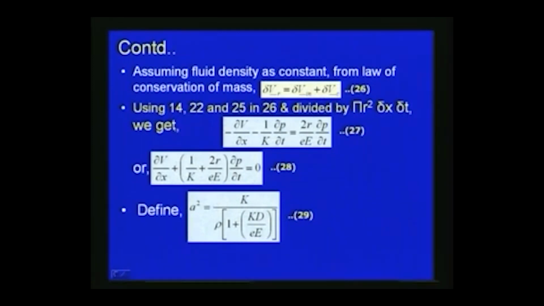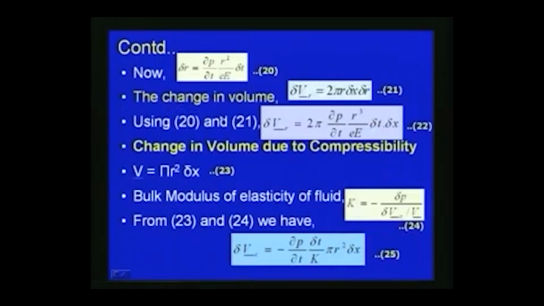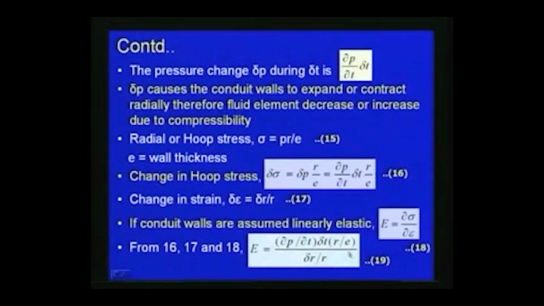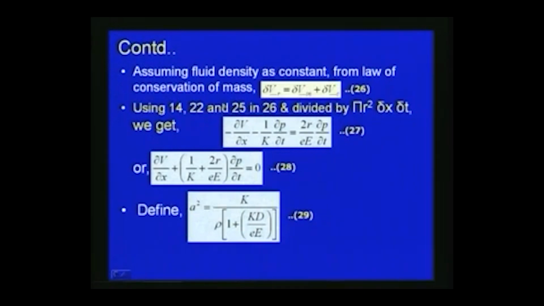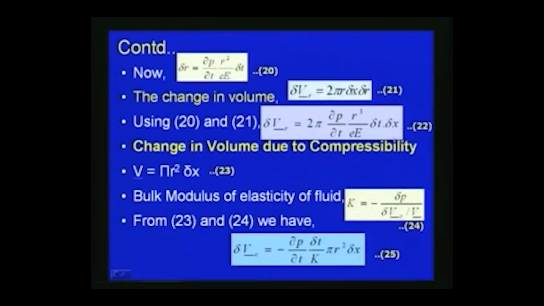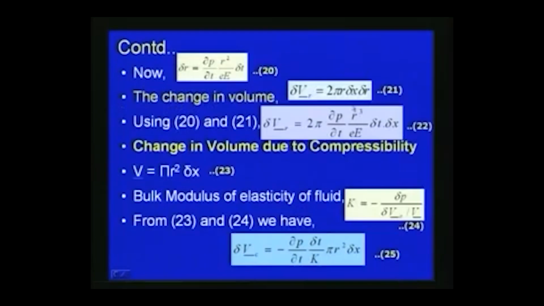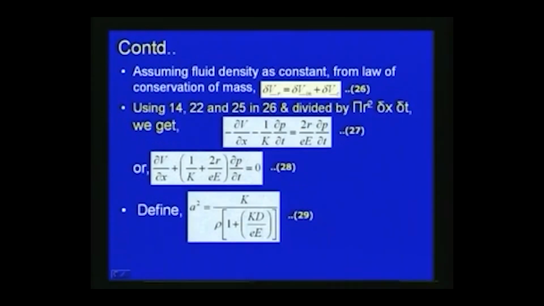So, if we use equation number 14, which we have derived here, and equation number 22 for del V under bar R, and 25 for del V under bar C in equation number 26, and if you divide by pi r square, the cross section area of the pipe, delta x into delta t.